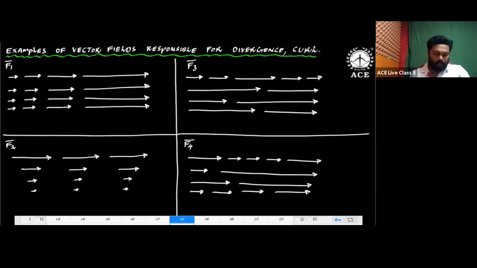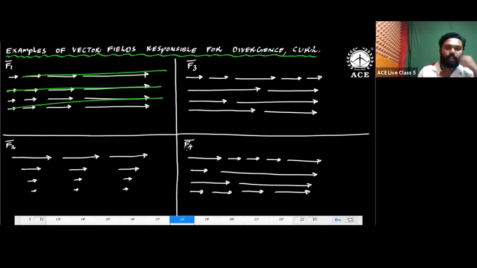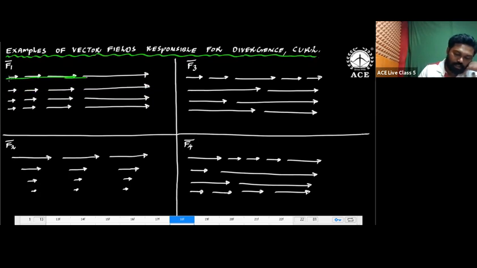I've considered 4 examples to have further insight into the divergence and curl. What is the nature of the first field? It is oriented like this, and its magnitude is increasing, increasing, further increasing. So its magnitude is changing. Listen carefully.